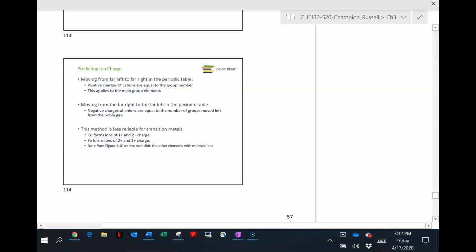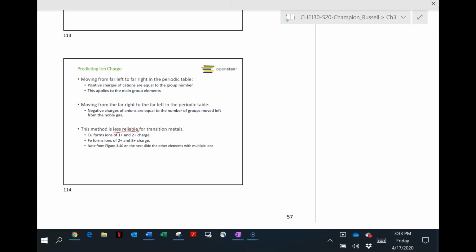Now, if we go back and forth on the periodic table here, as you get towards the middle, things get less reliable, right? It's a good guideline, but it's not hard and fast. There's some things we know, though.